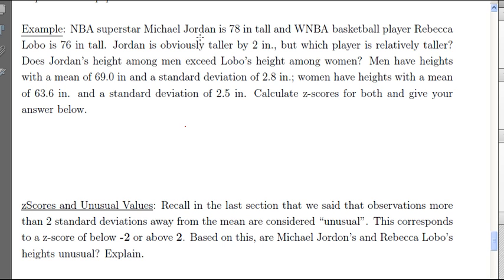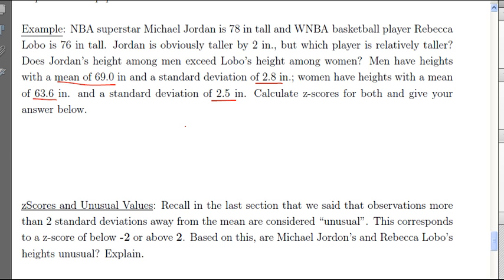Which player is relatively taller? What we need to know is the mean heights and standard deviations of men and women, and we're given that information. For men, there's a mean of 69 and standard deviation of 2.8. For women, a mean of 63.6 and standard deviation of 2.5. We're going to compare the two heights by calculating a z-score for both.